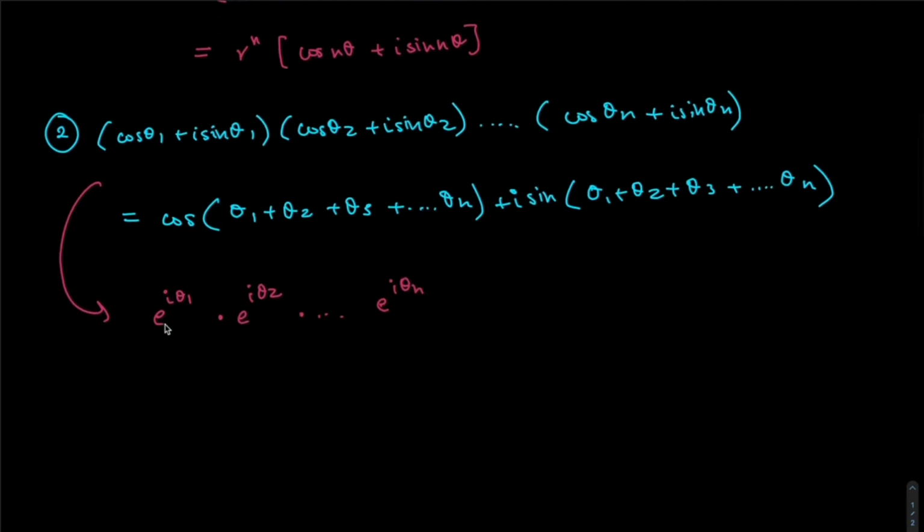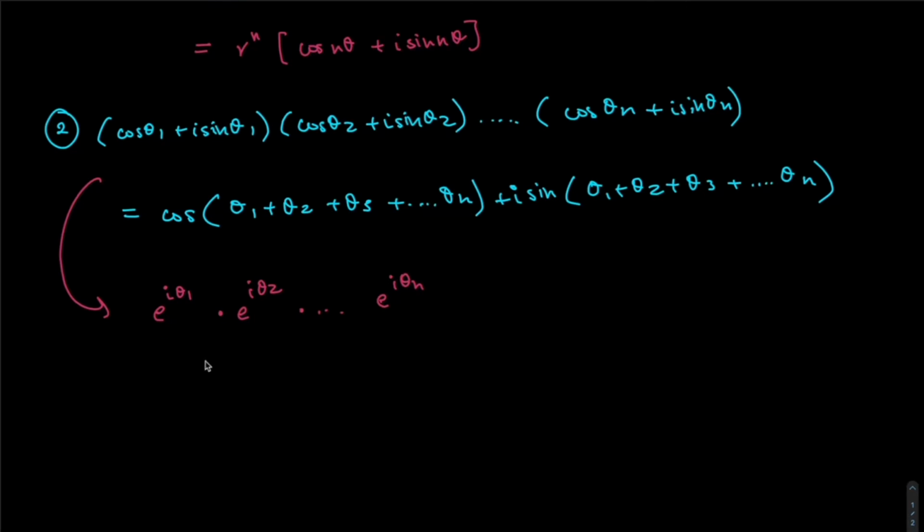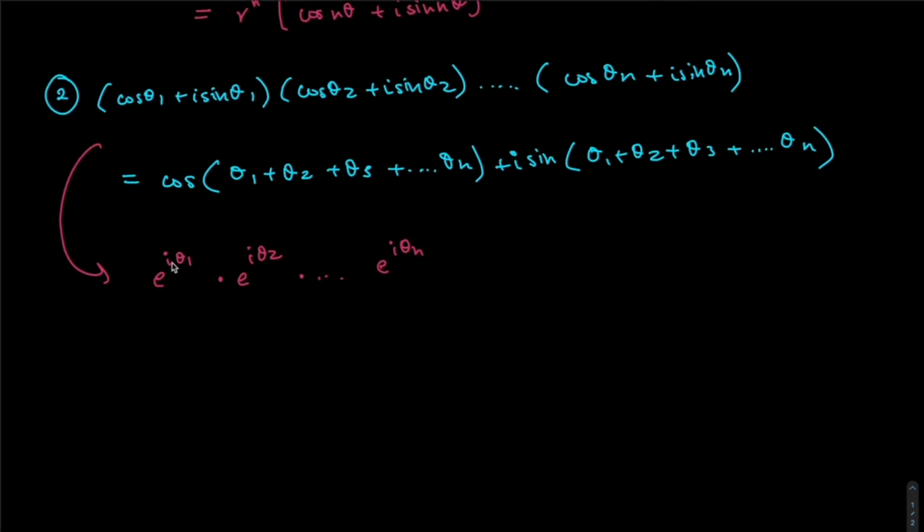When we multiply exponents with the same base, we just add the exponents together. So I'm left with e raised to the power i, factored out, theta 1 plus theta 2 all the way up to theta n. If we expand this, this is the angle here, and at the end of the day we get the same thing.